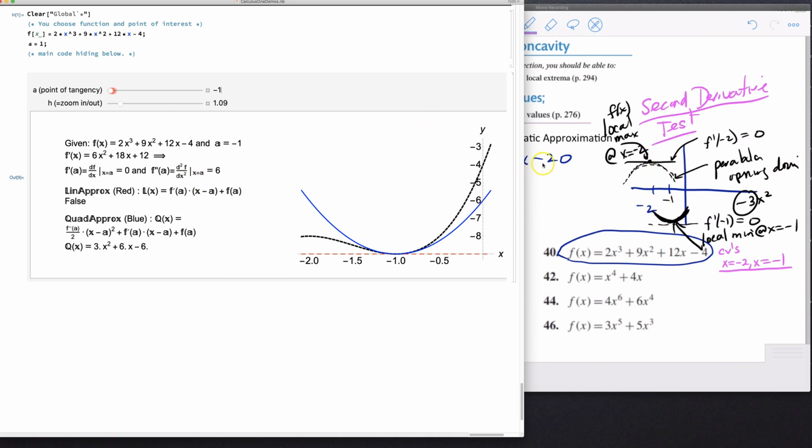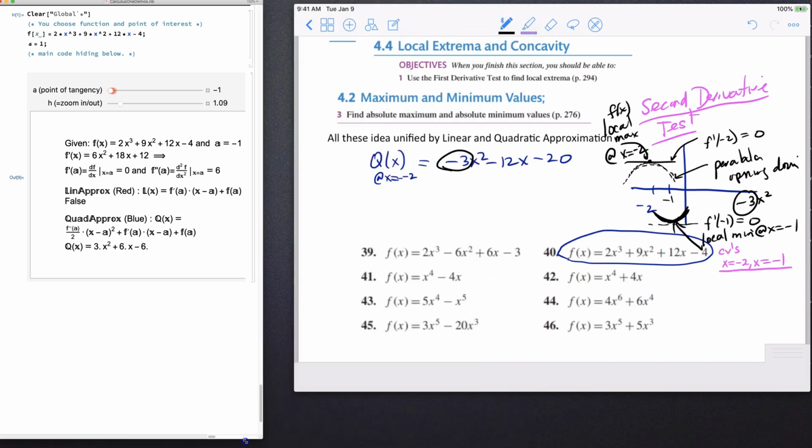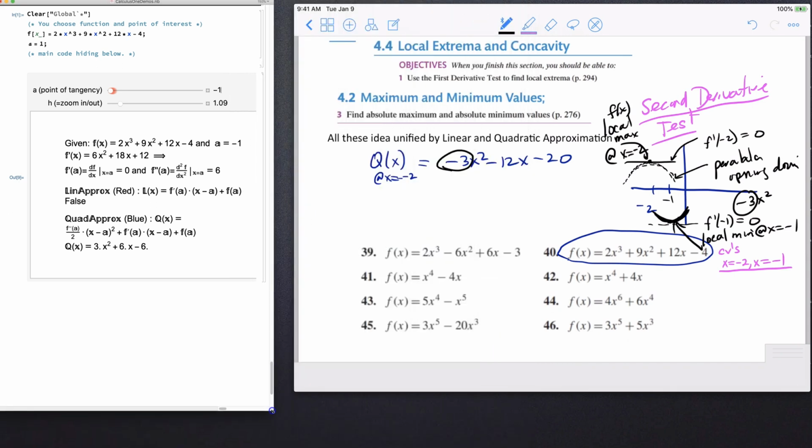Okay, we can turn these observations about the quadratic approximation into something called the second derivative test. Okay, and so let's try that now. And it involves, of course, the second derivative of the function.